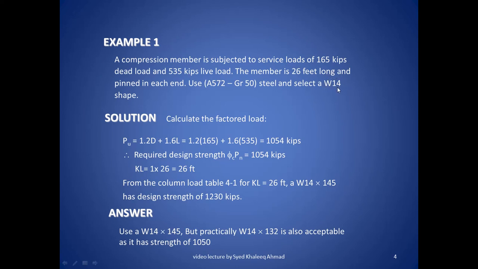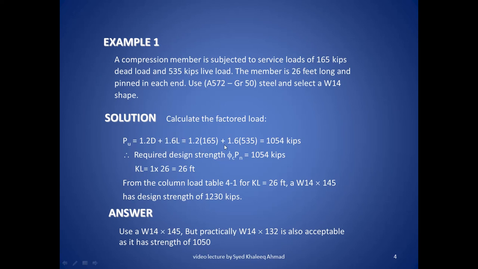The depth is the same, but the values of self weight will be different, and based on that you can select. So the first step is to find Pu, the design load, 1.2 times dead load plus 1.6 times live load. These are the load factors. Remember, for dead load we use a load factor of 1.2, and for live load a load factor of 1.6.